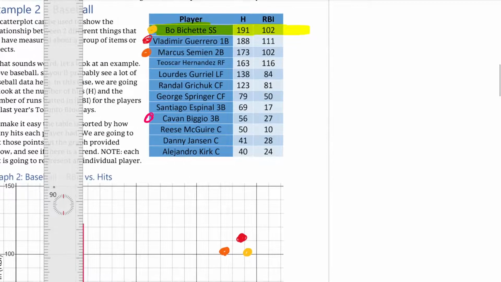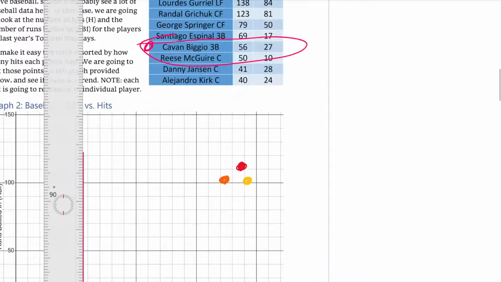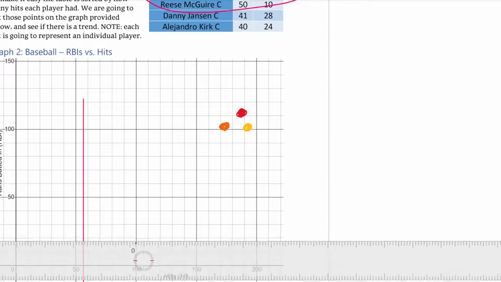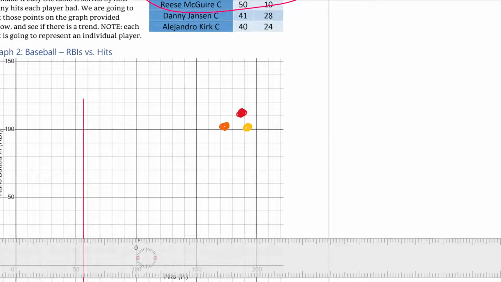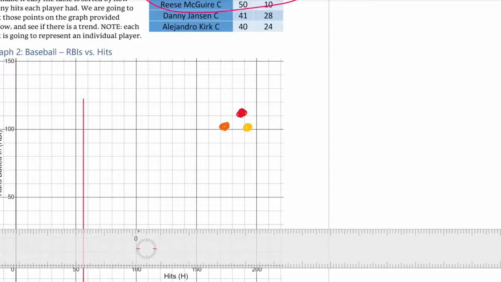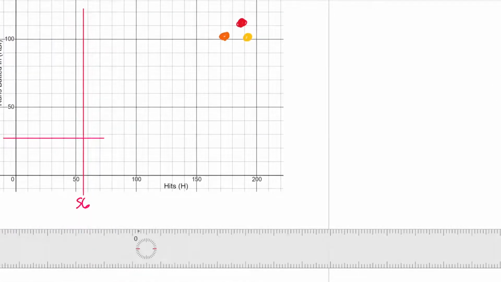And he had only 27 RBIs. So 10, 20, not quite 30, so 27 might be about there. 56 and 27. So that's where he would live.